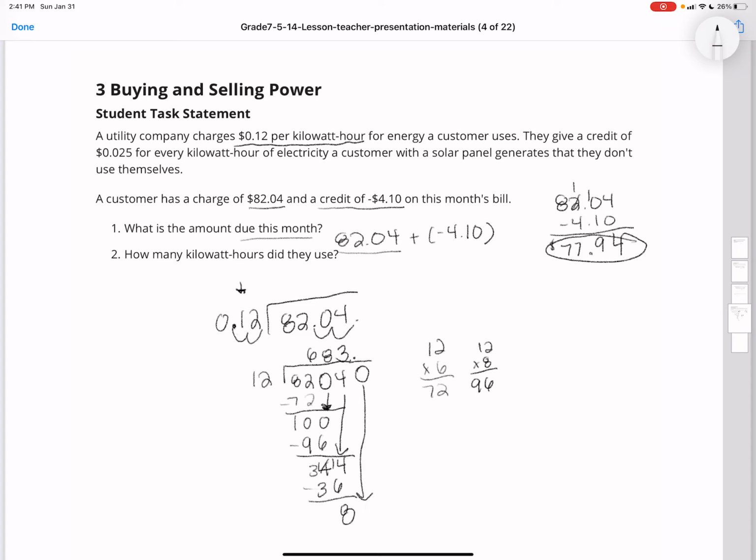Add the 0, 60. It's going to be 5 times, and look at that, it's going to keep going and going. So our answer, we could round to the nearest ones place. So we could say how many kilowatts did they use. We could put about, because it's not the exact answer, about 684 kilowatt hours.